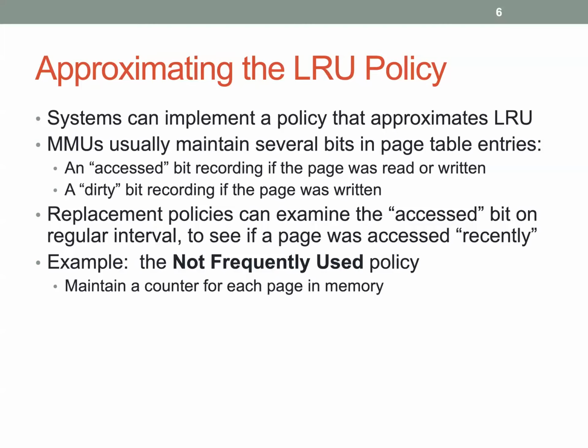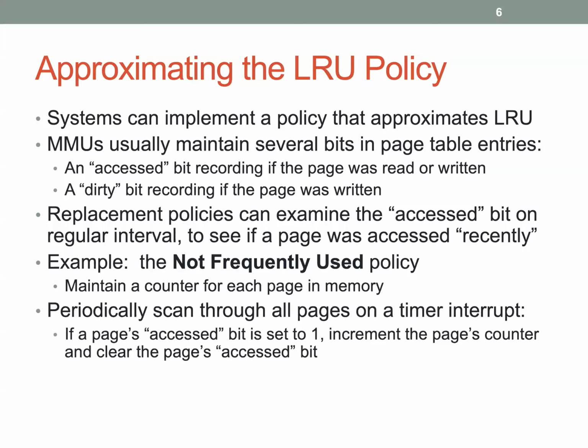Now, not frequently used is an example. It's also abbreviated NFU. All of these things are abbreviated in rather uncreative manners. We just use the acronym for the policy a lot of times. So NFU basically maintains a counter for every page. And that counter is simply incremented on a periodic basis if the page's access bit has been set. So we scan through all the pages on an interrupt.